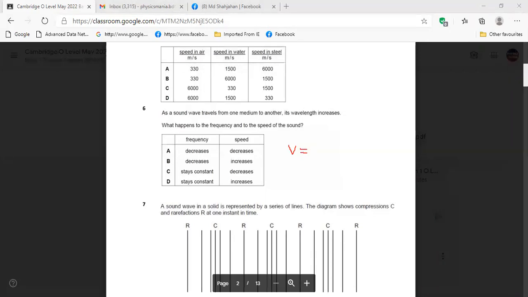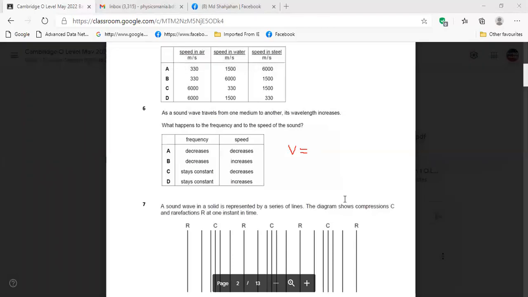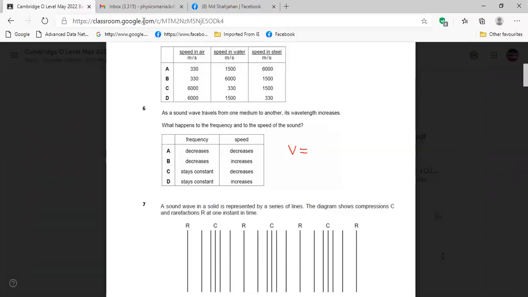Today we are doing the worksheet on topic 16, sound, MCQ 6. There you write this formula, V equals F lambda. That means speed equals frequency into wavelength, right?